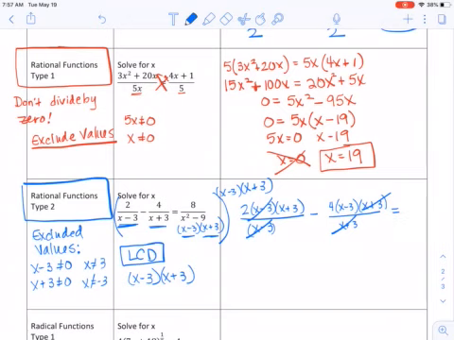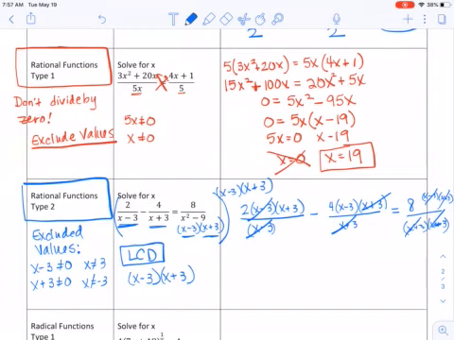And then on this side, the x minus 3, x plus 3, if I look at the factored form, whoops, that's a minus 3, those are all going to cancel.